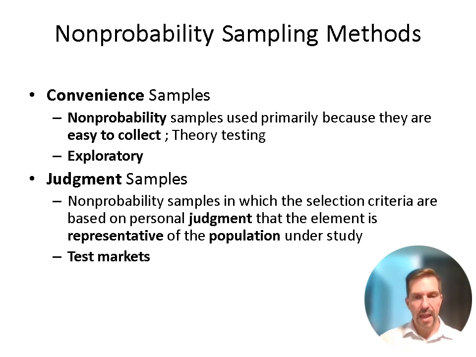Okay. Same thing with judgment sample. Judgment sampling is when an expert, meaning you, decides who should be sampled. Let me give you an example of judgment sampling that is used in marketing all the time. Extreme users, people that use the product a lot, are great people to do in-depth interviews with. Why? Because they have vast knowledge about the area, right?